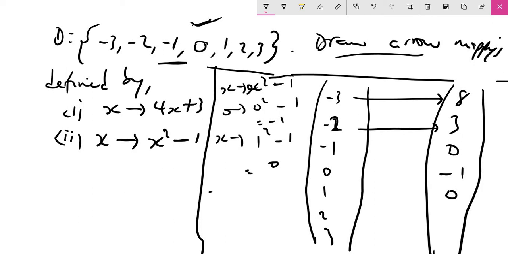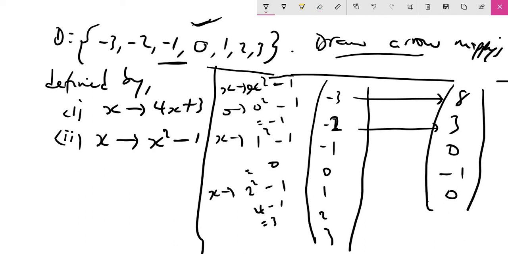Similarly, x maps to 2 squared minus 1. And this is 4 minus 1, 3. Now watch this. We could have just written another 3 here, right? And then another 8 here. But we won't. We are drawing mappings here.